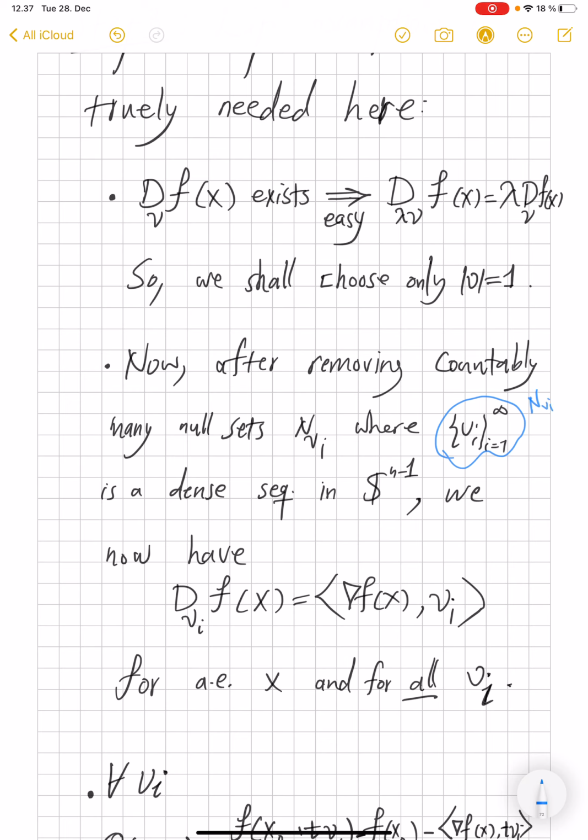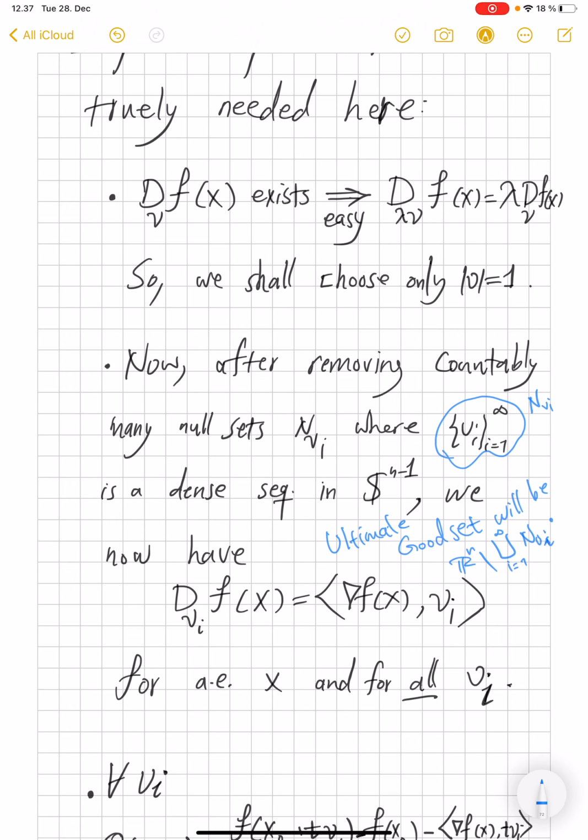So the good set for us, the ultimate good set, where we will show the differentiability of f, will be R^n minus the union of N_vi, i from 1 to infinity. So you remove countably many null sets.